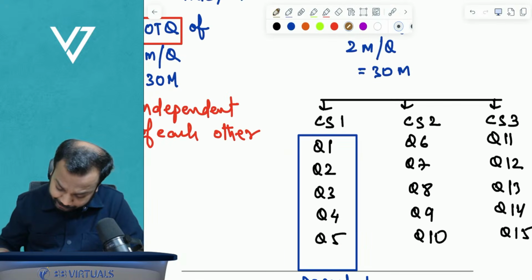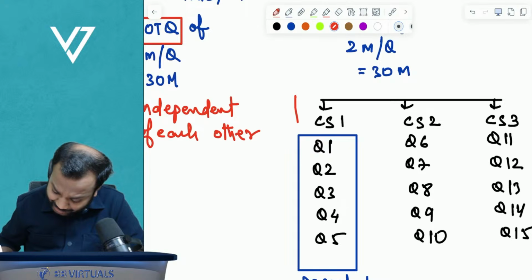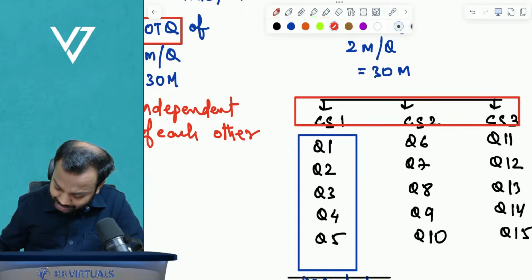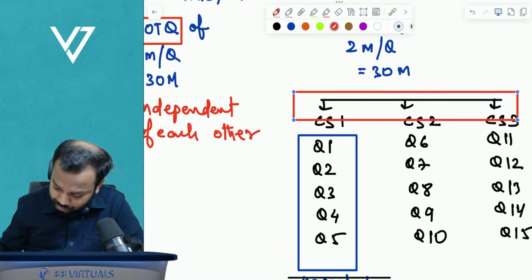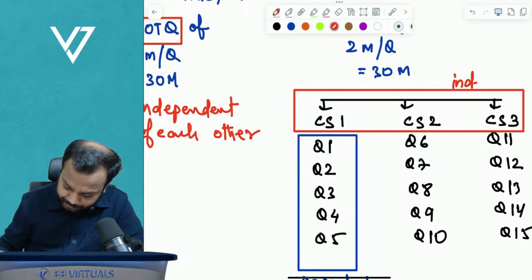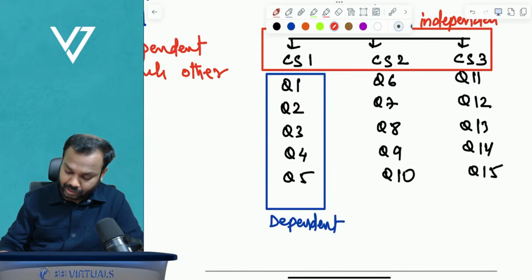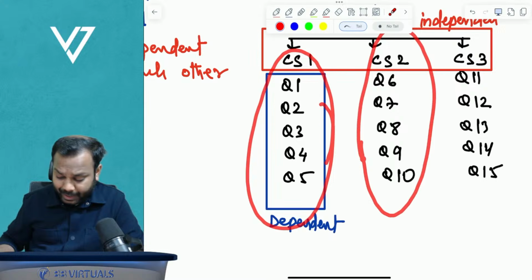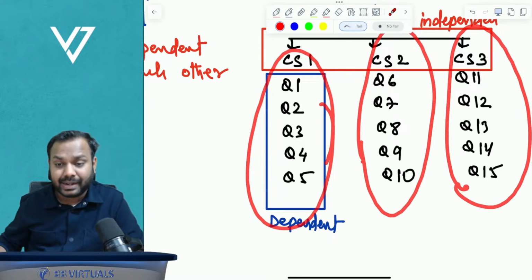But please understand that these case scenarios are independent. Means these 5 are dependent on each other, these 5 are interlinked.